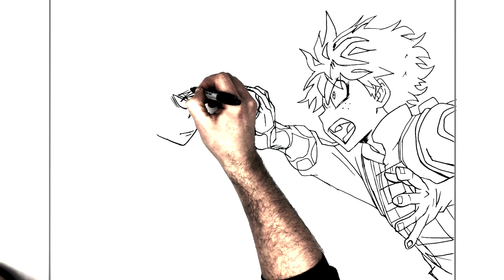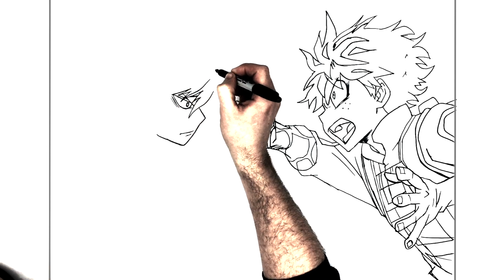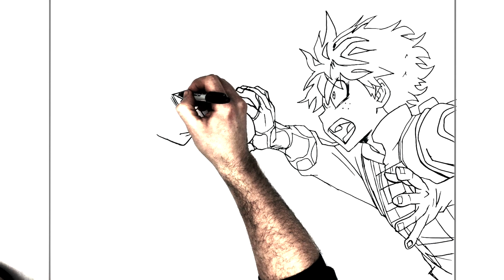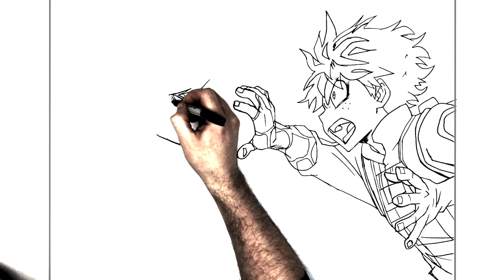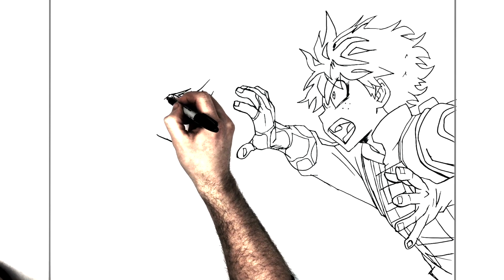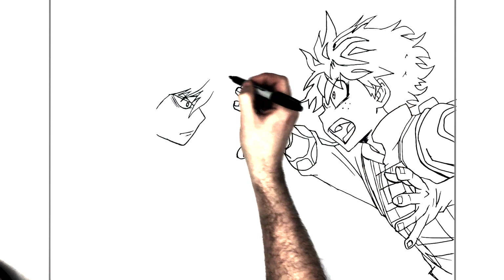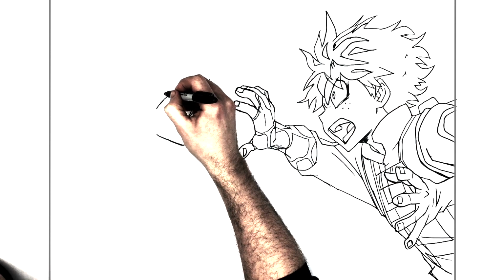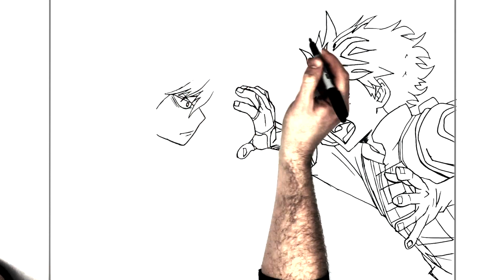Another one here. Comes up this way. This one comes down past the back of his eye, down to about here. And then this spikes down like that. This is a spike that comes back up to about there.